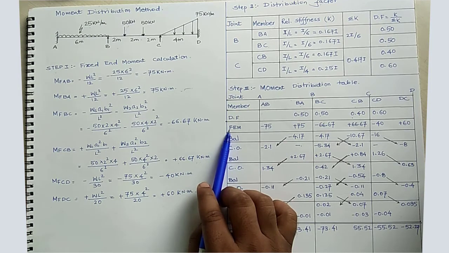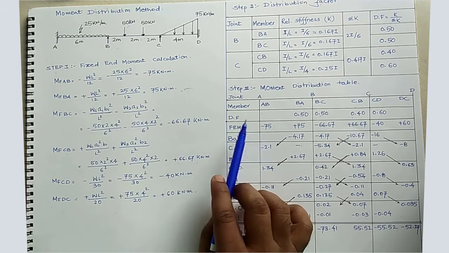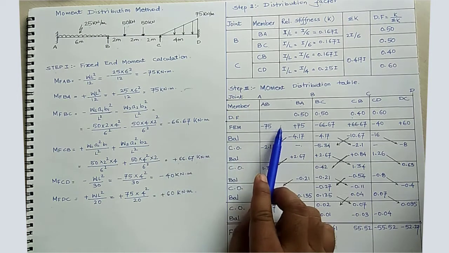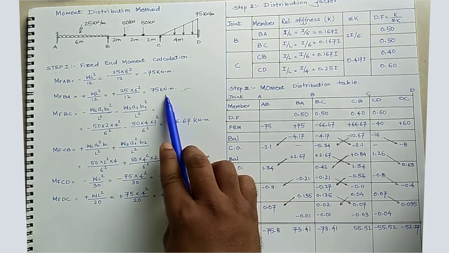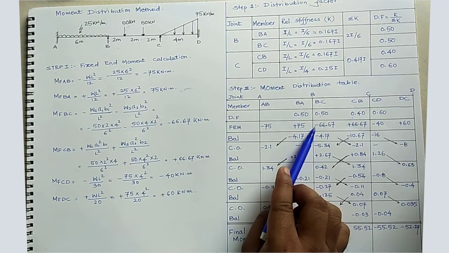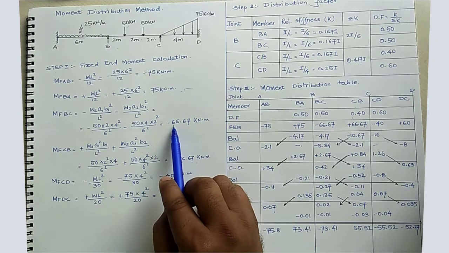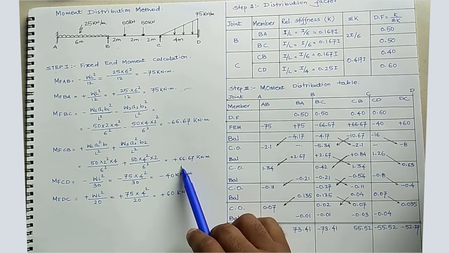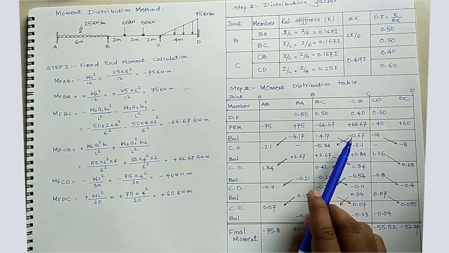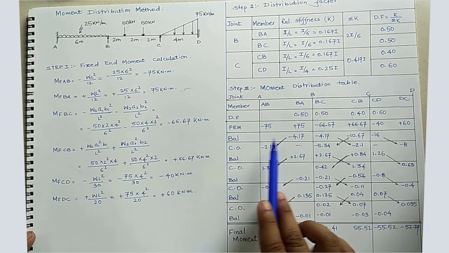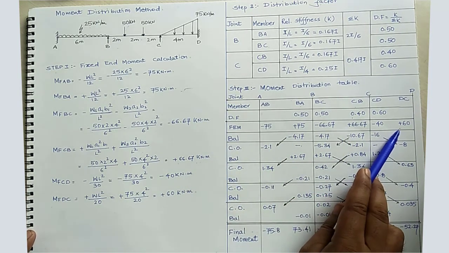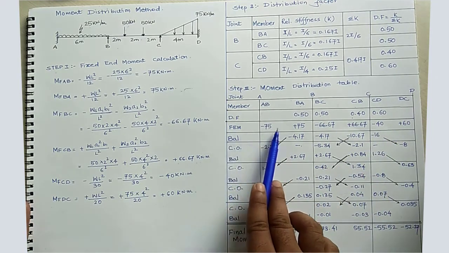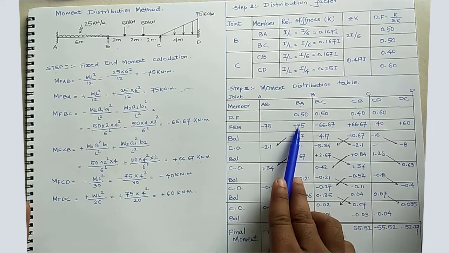So fixed end moment for AB we have calculated minus 75, BA plus 75, BC minus 66.67, CB plus 66.67, CD minus 40, and DC plus 60. So these fixed end moments we have calculated in step number 1, and these values we have to write.